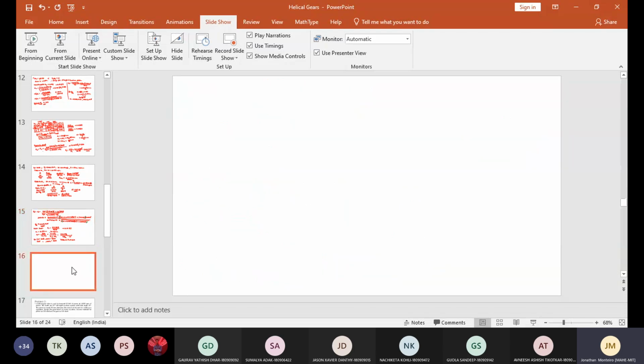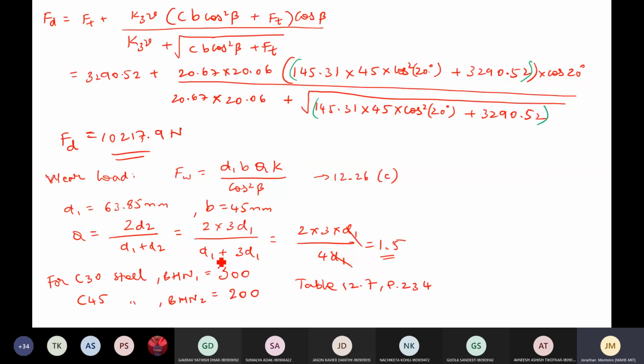These two values we got from table 12.7. Let us go to table 12.16 on page 239. Let us see 300 and 200, that is BHN1 is 300 and BHN2 is 200.